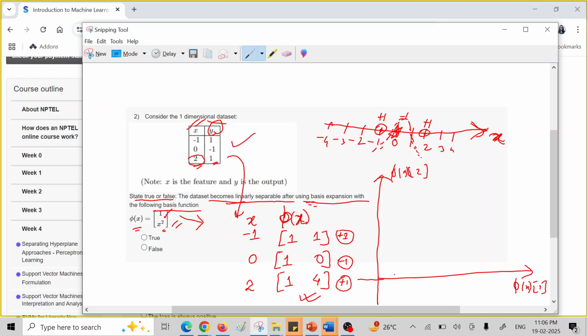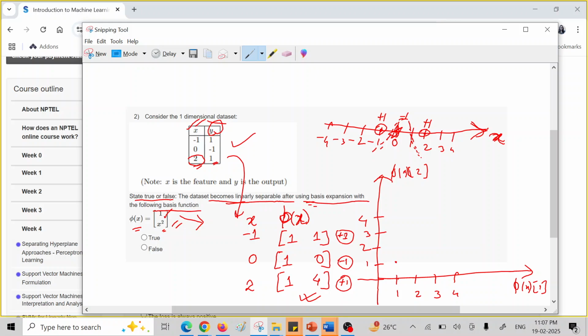Let me mark some points here for my reference. The maximum value is 4, so only up to 4 I am marking here. Now if I plot the point 1, 1, then in the x coordinate it is 1, and in the y coordinate also it is 1. This is the data point, and its class is 1, so I will represent it with a circle. Then 1, 0: the y coordinate is 0.